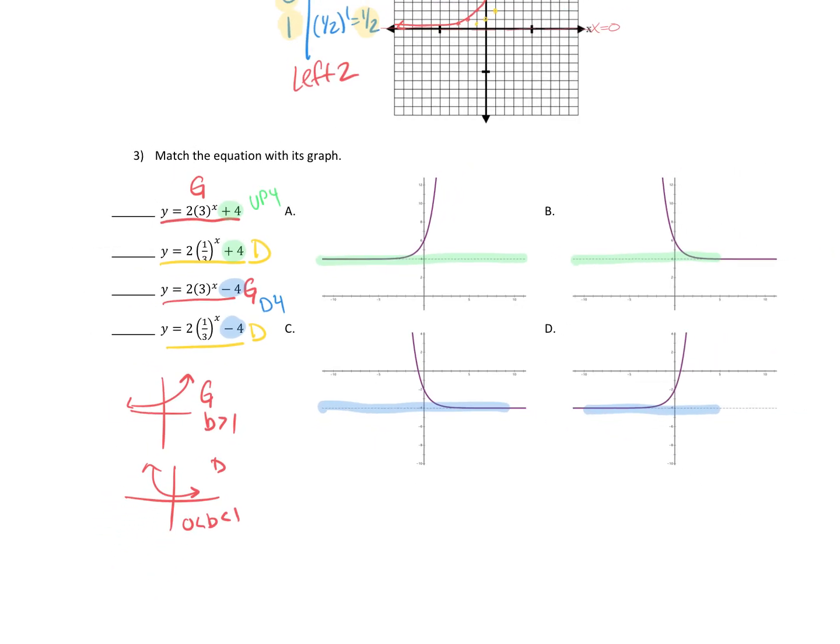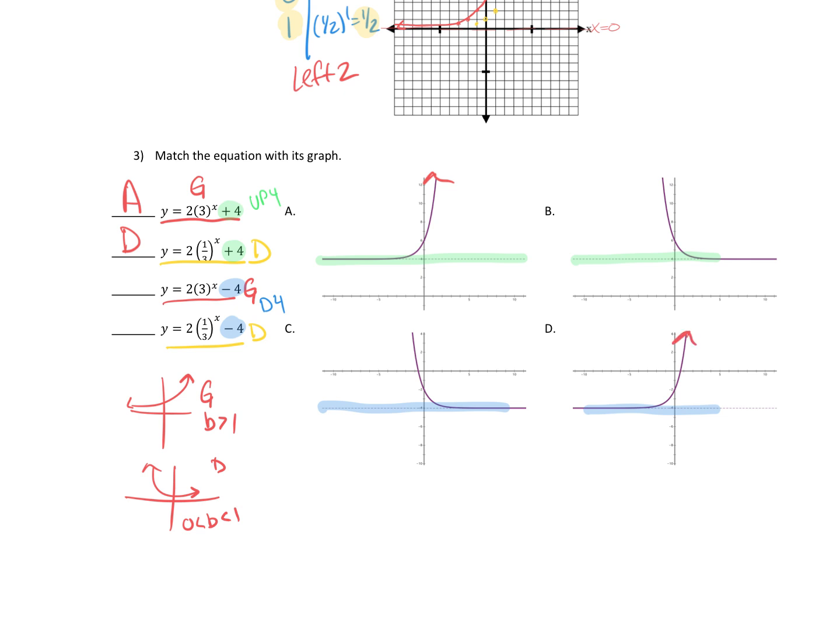So then after narrowing it down like that, I can see that a growth graph with an upshift is going to be represented with A, and a growth graph with a downshift is going to be represented by D, because both these are going up on the right side.